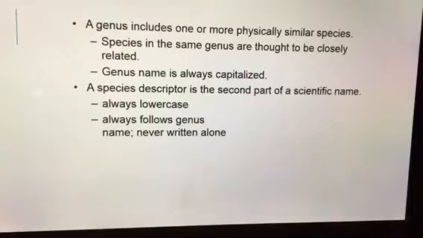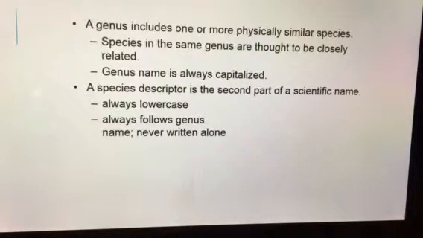You have to have Homo sapiens or Escherichia coli. You will see sometimes that the genus might be just a capital letter abbreviation, like E. coli is the abbreviation for Escherichia coli. Just a shortened way of putting that, but you still have the genus descriptor there.